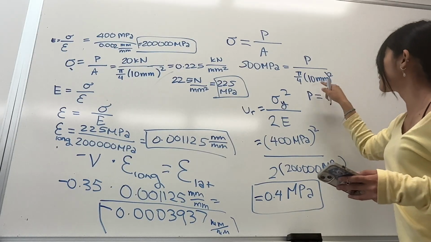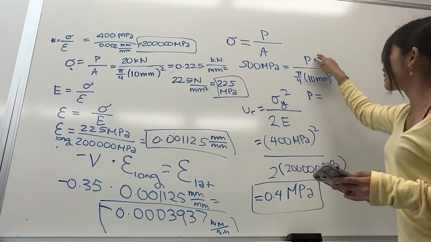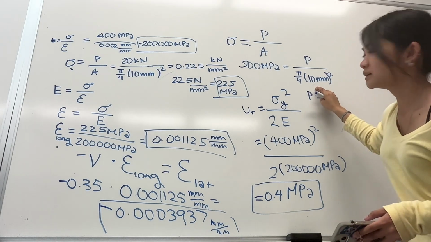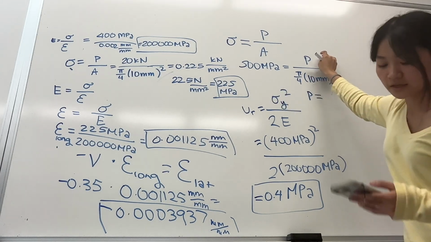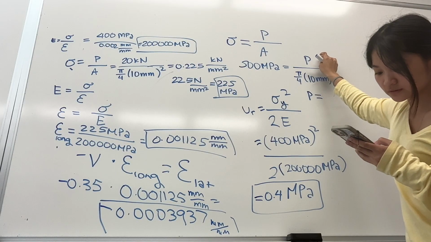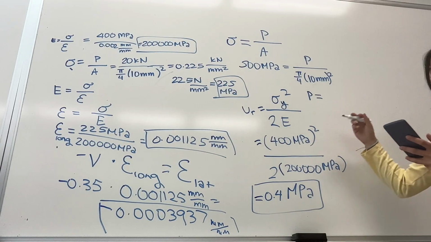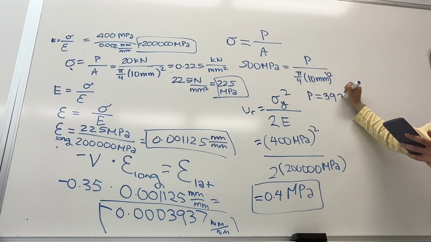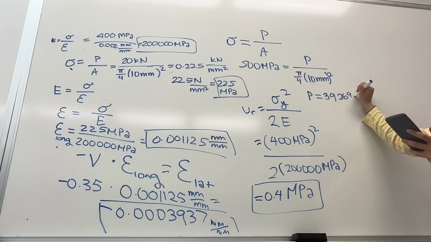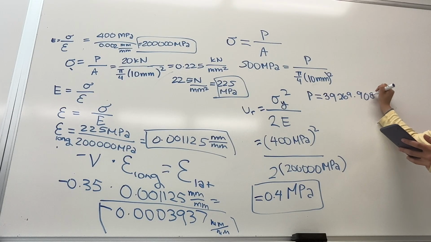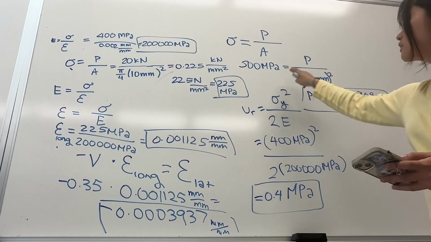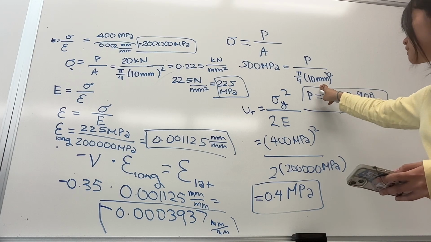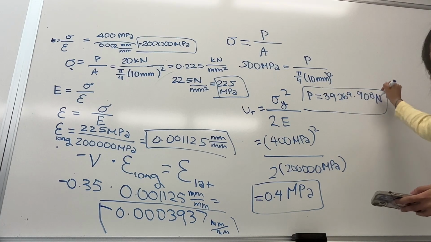So when solving for that, when we isolate P by multiplying pi over 4 times 10 millimeters squared by both sides, then for P we would receive P is equal to 39,269.908 megapascals over millimeter squared. That would leave newtons. So this would be in terms of newtons.